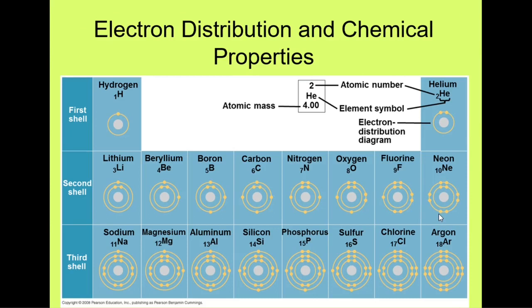So what we have here is a simplified version of the periodic table, just showing us the first 18 elements, and it also shows us the distribution of electrons. So we start up here in the top left hand corner then with the simplest of our elements, which is hydrogen. Hydrogen is a rare element in the sense that the atoms don't have any neutrons.